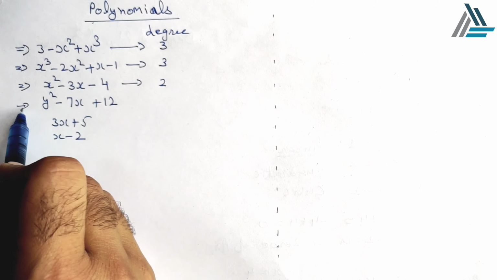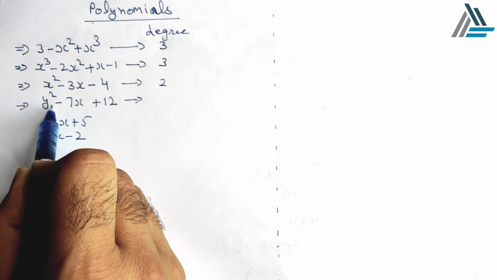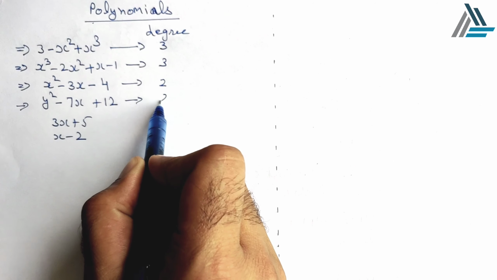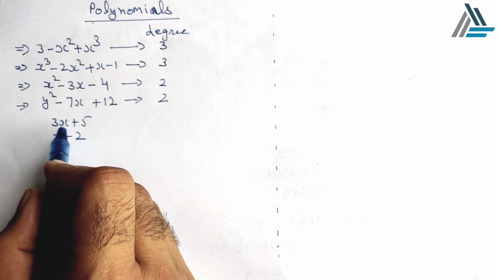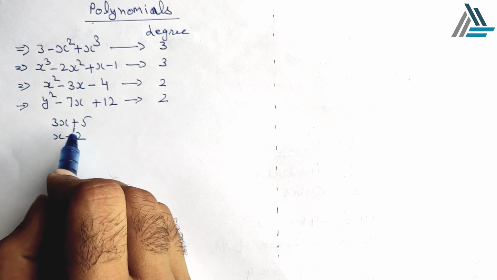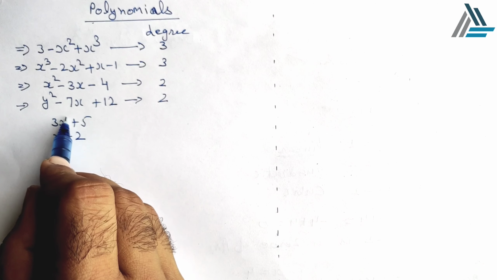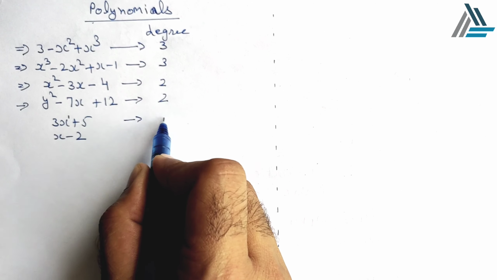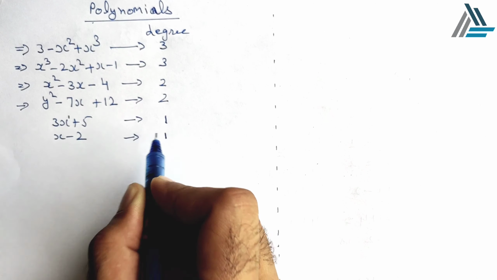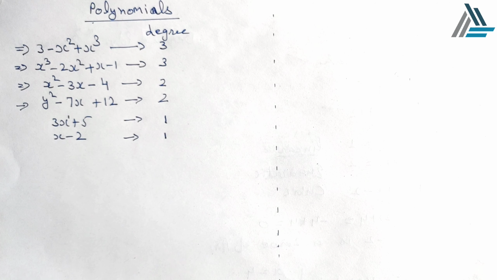In the next polynomial, the highest power of y is 2, so the degree is 2. In this polynomial, the highest power of x is 1, so the degree is 1. In this way we can find the degree of a polynomial.